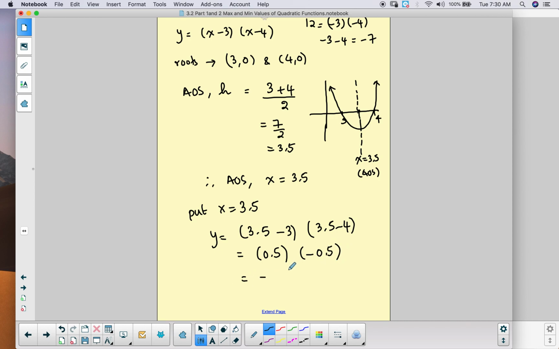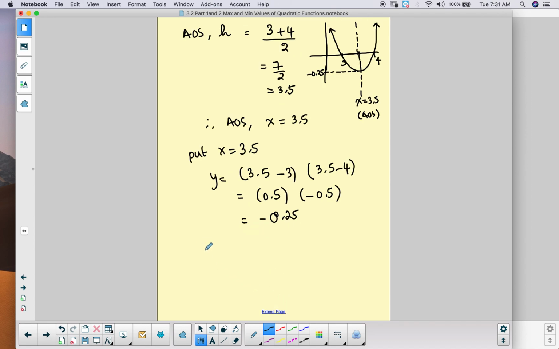So that works out to -0.25. So we find that this particular point, which is the y value of the vertex, is negative 0.25, right? So the minimum value is negative 0.25. And what is the vertex? They haven't asked us, but the vertex we know is (3.5, -0.25). Okay, that's the minimum value because it opens up.